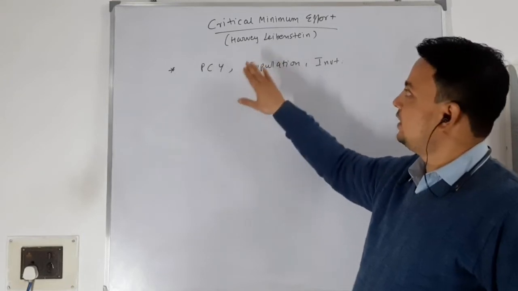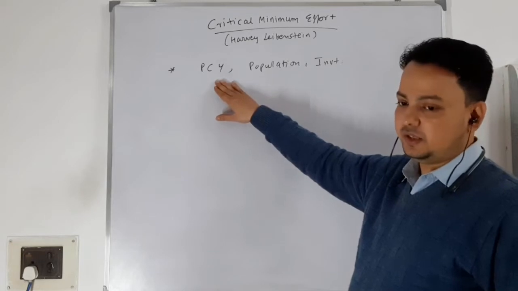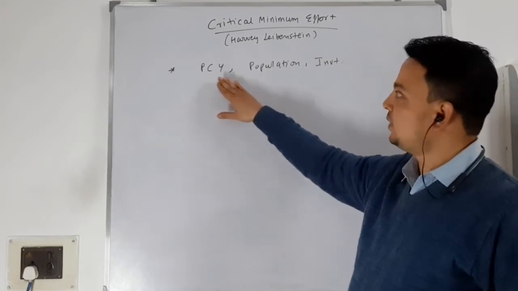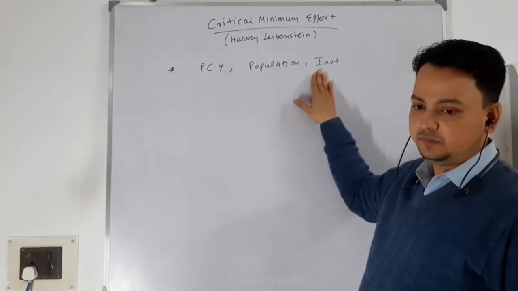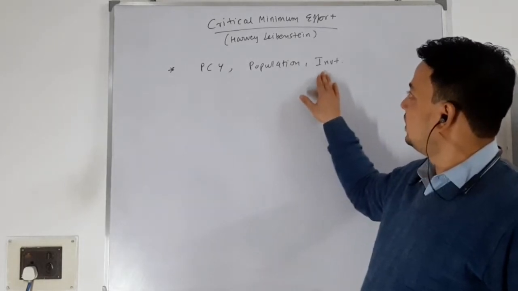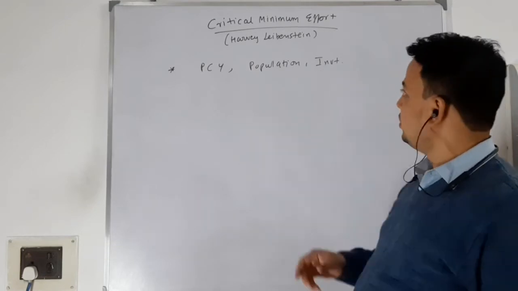So in the critical minimum effort, what is Leibenstein looking at? He is looking at the relationship between three factors. What are those three factors? Per capita income, growth in population, and investment.